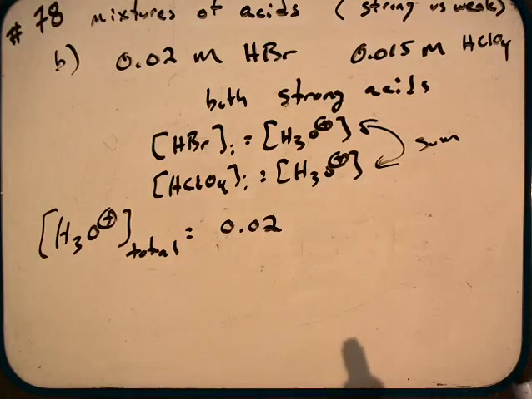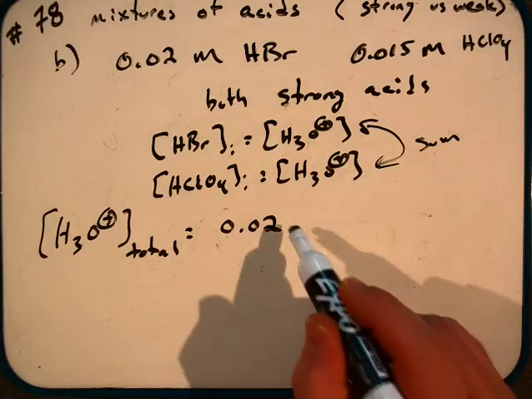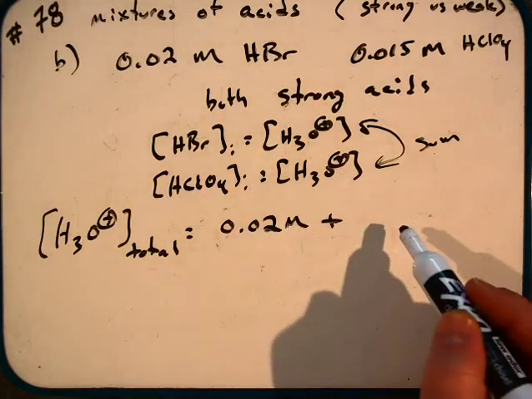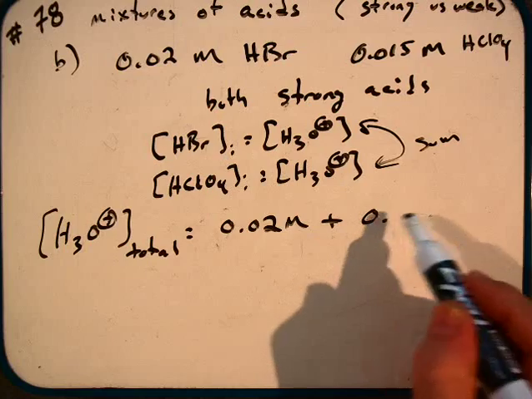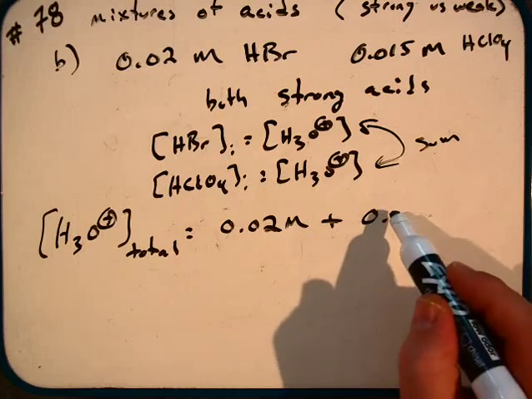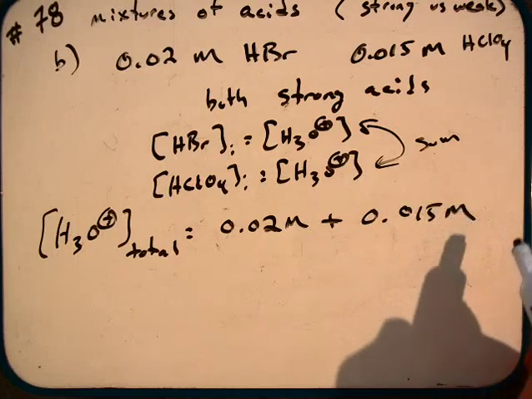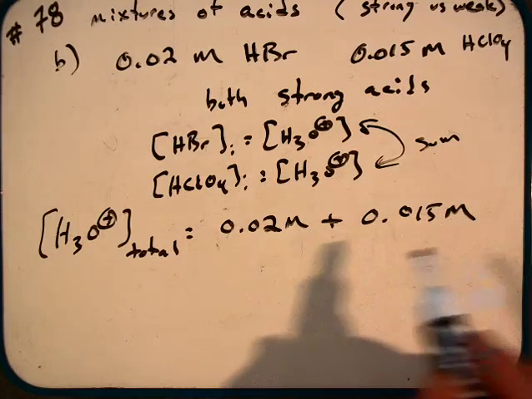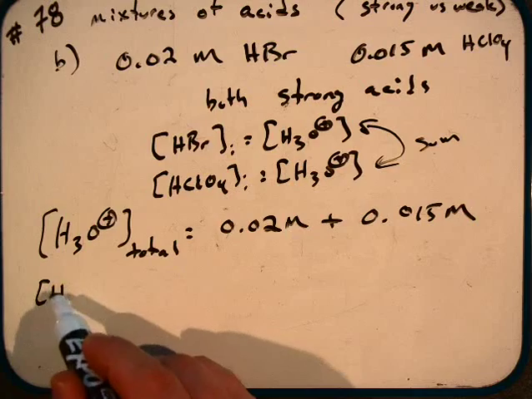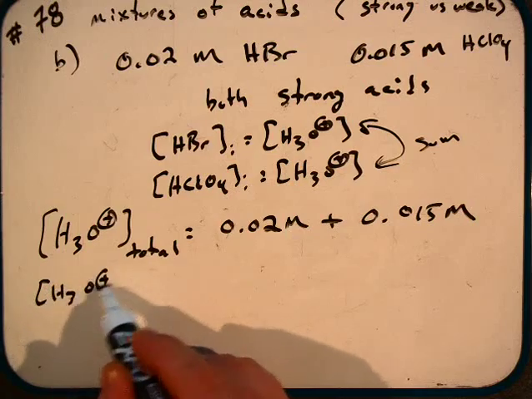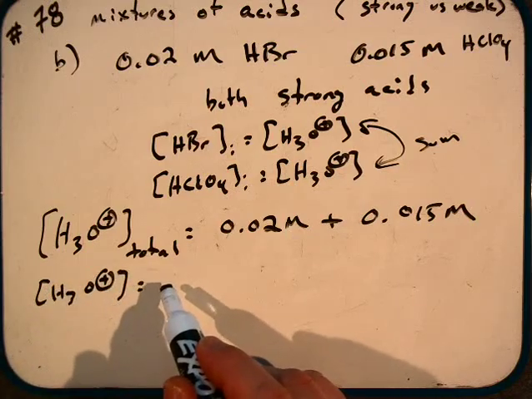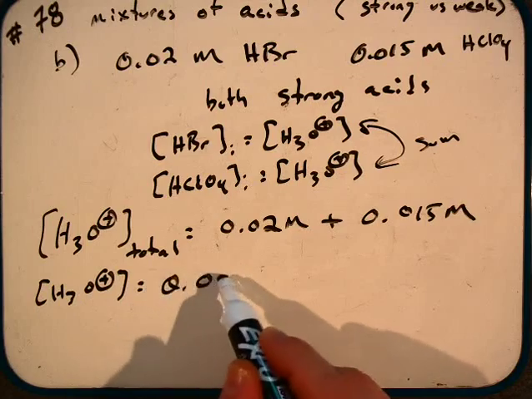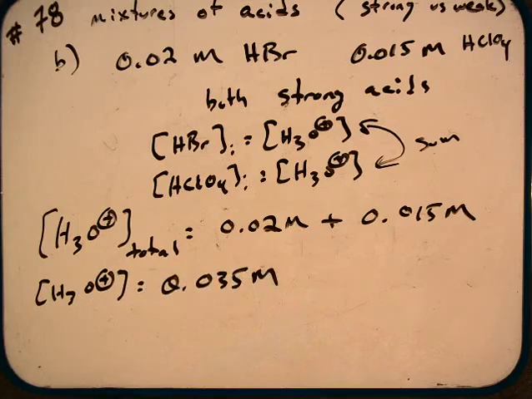That's the contribution from HBr. The contribution from perchloric acid is 0.015 molar. And so when we add that up, we get a value for our H3O plus equal to 0.035 molar.